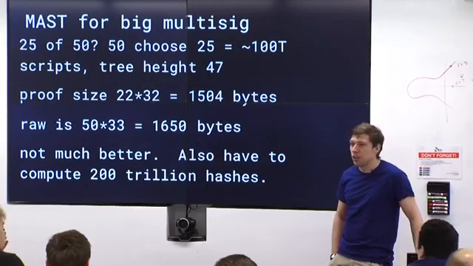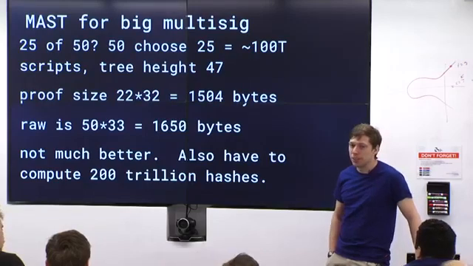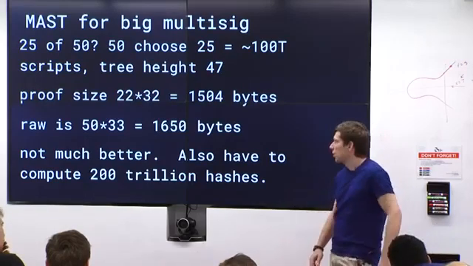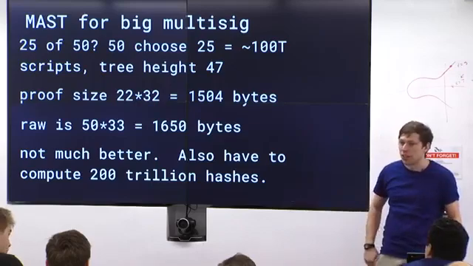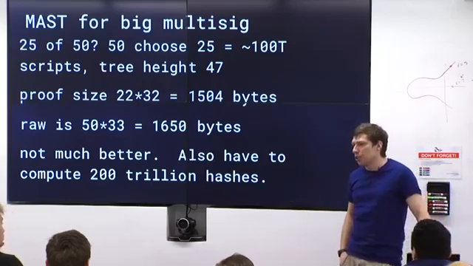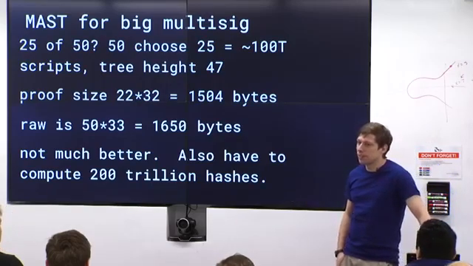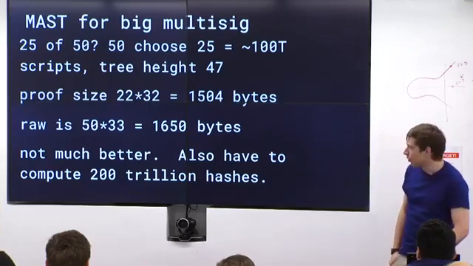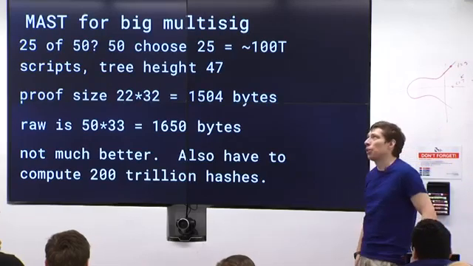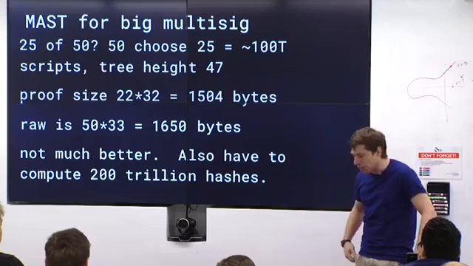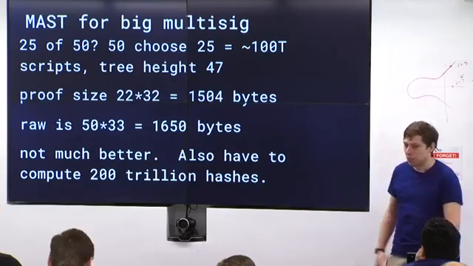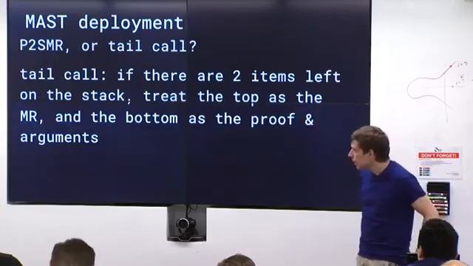Someone either was just joking around and made this weird sparse tree with all these branches just to screw around and have a height of 47, or there's 200 trillion possible spending outcomes. So it reveals information about the things that were not spent. Even though it doesn't reveal what the scripts were, it to some extent reveals how many there were. Okay.